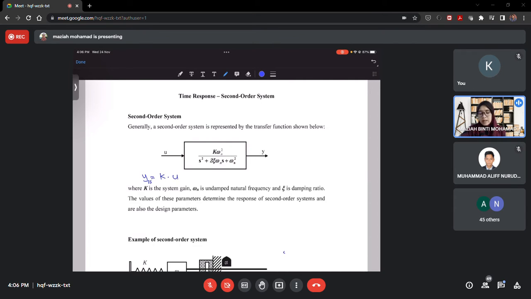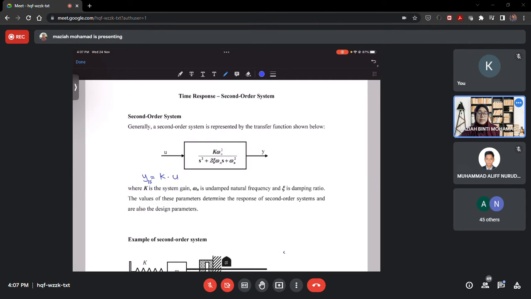Then in terms of transient response, the behavior at the transient region is described by omega n, the undamped natural frequency. The second parameter is zeta, the damping ratio. These three parameters affect the response or shape of the second order system.